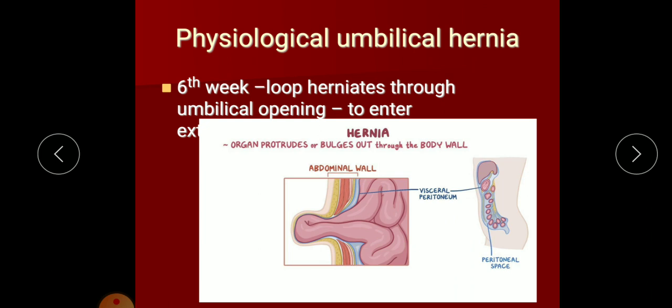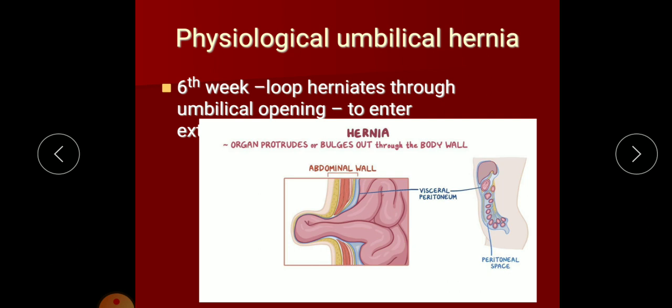That herniation of the midgut loop contents outside the abdomen of the fetus into the extraembryonic coelom within the umbilical cord is what is termed physiological umbilical hernia. It is very normal at the 6th week of intrauterine life.